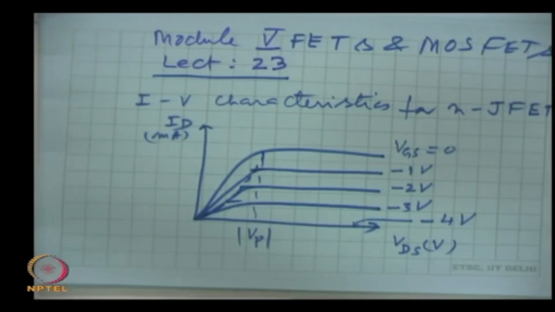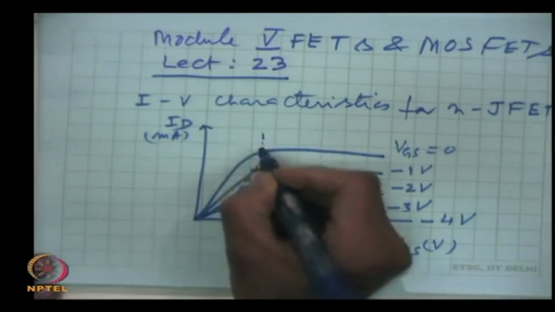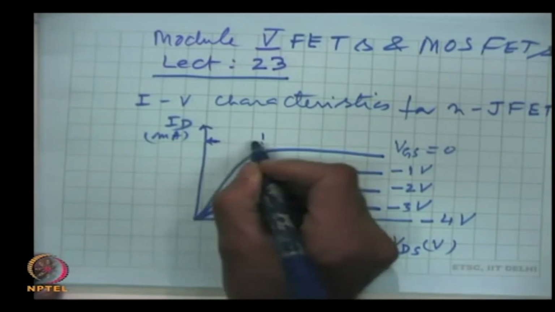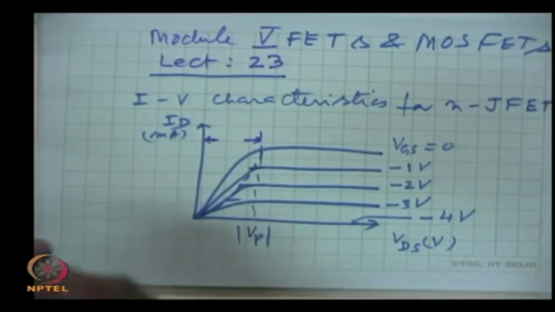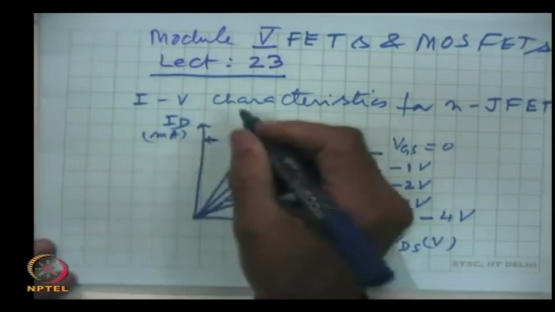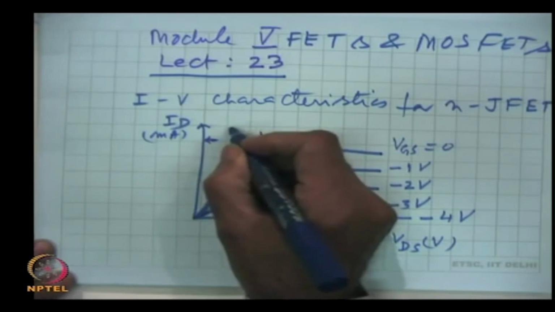into 3 different regions. One is this region, from here to here, this is the ohmic region.